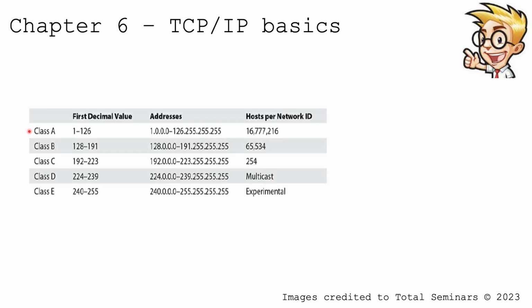So knowing what class you're using, you can assign how many hosts you want in that network to talk to each other. Having a Class A network, you're going to be on a much bigger environment probably. Thousands of connections going on. Class B, less than that, and it'll give you more flexibility.